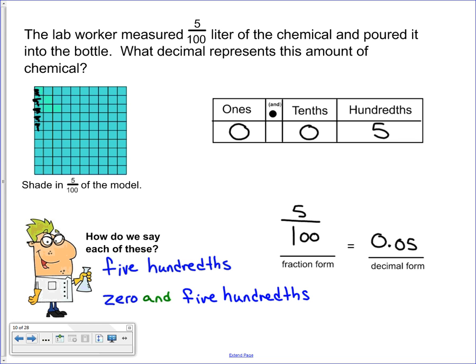Okay, and then we'll go ahead and draw some arrows. That "and" piece, that's what we use red. That "and" piece, right there. That's the decimal.